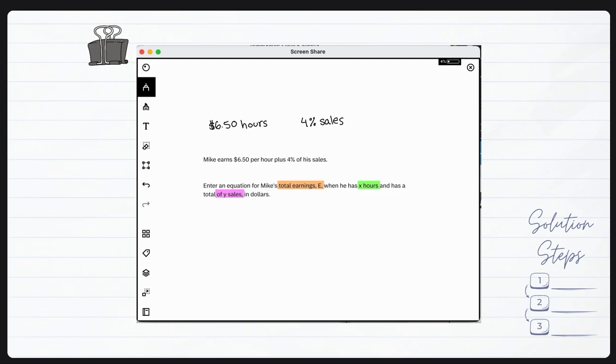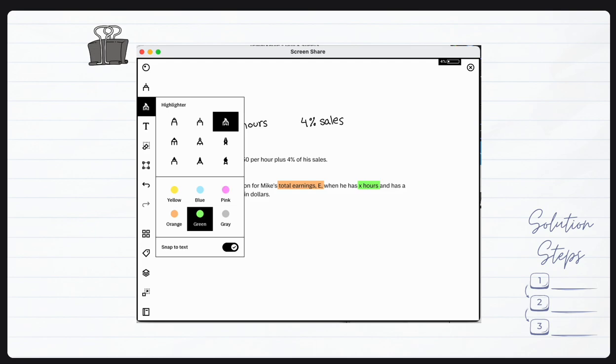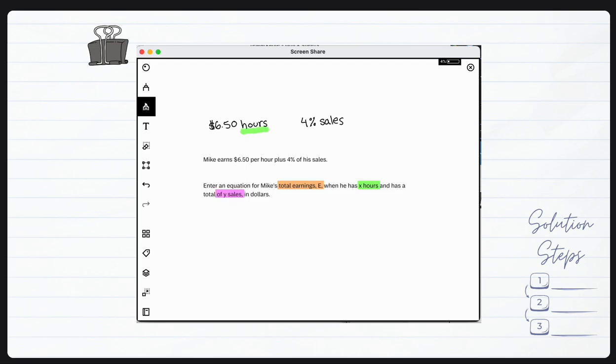Now we need to simplify all of that into a neatly packaged equation. First of all, let's look at that word hours. We've learned that hours is represented by the letter X. We're trying to write an equation for total earnings, so his total earnings is going to equal $6.50 times hours.